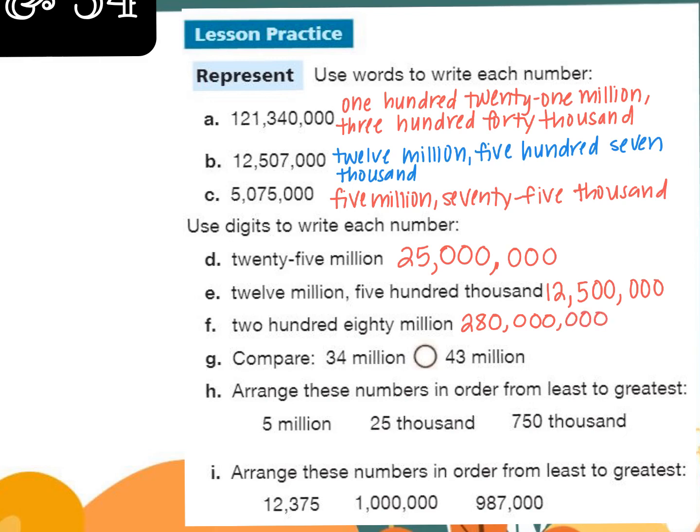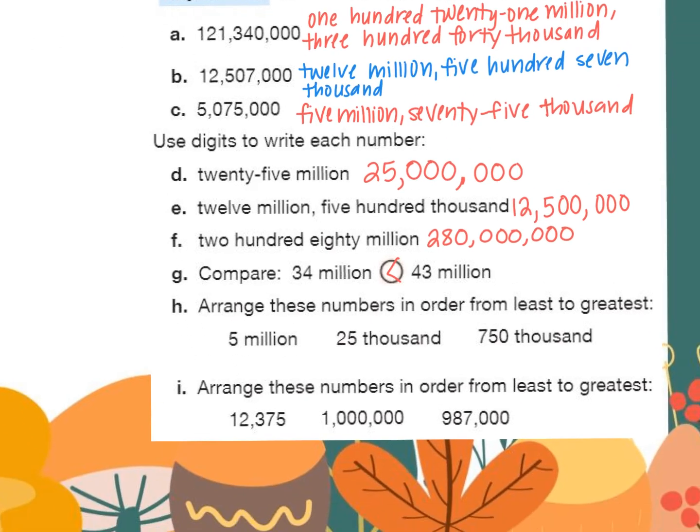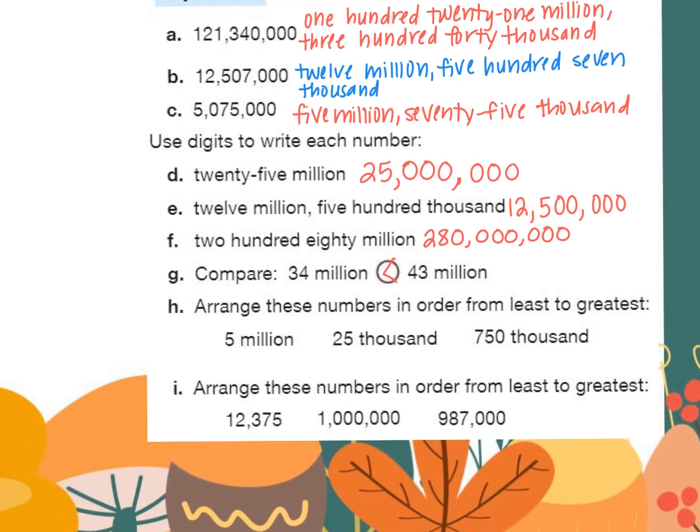Very good. Okay, comparing 34 million to 43 million, which one's more? 43 million. Good job. So 34 million is less than 43 million. Arrange these numbers in order from least to greatest. 25,000. 750,000 and then 5 million.